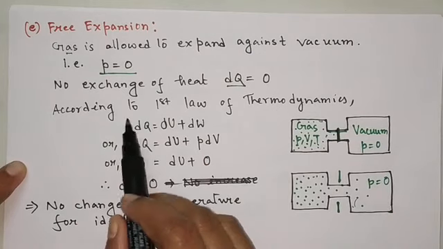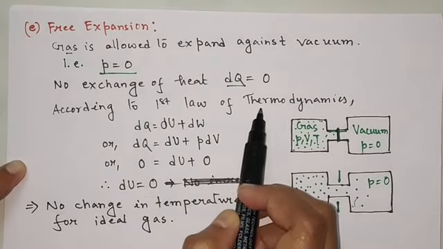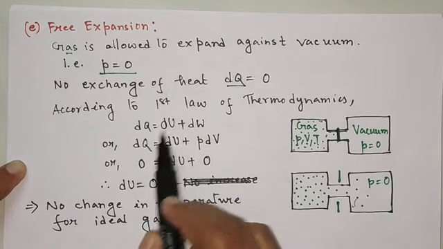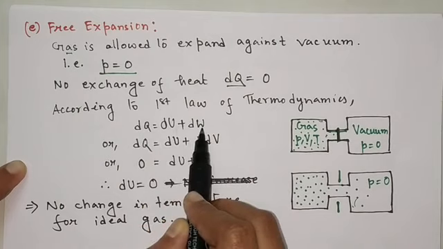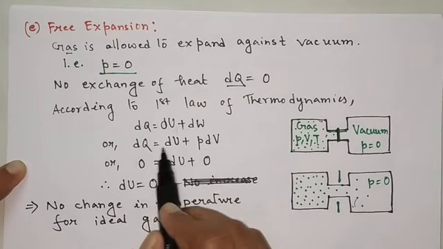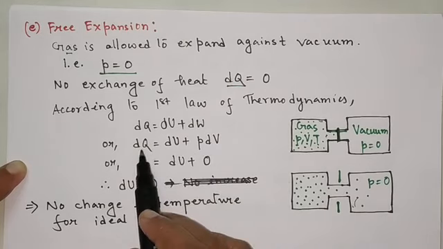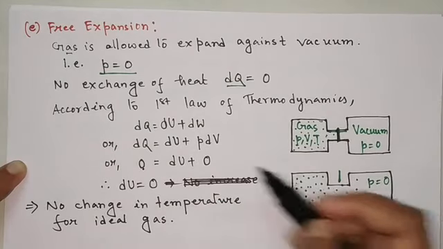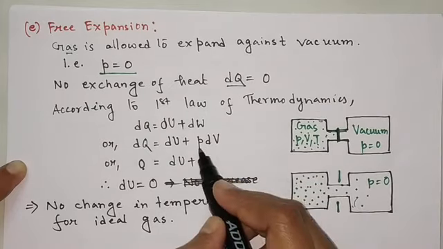So what will be the form of the first law of thermodynamics for this free expansion? Again, the first law of thermodynamics is dq equals du plus dw, or dq equals du plus p dv. Now for the free expansion, dq is 0 because there is no exchange of heat, and p dv is also 0.